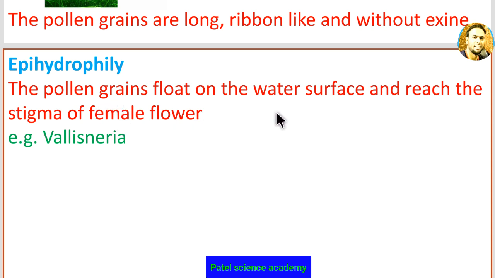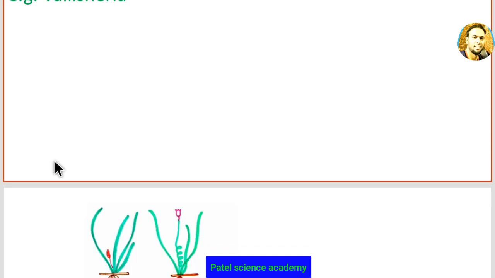If pollen grains are floating over the water surface, there is no need to go below the surface. That's why they follow the process of epihydrophily and reach the female flower stigma. Vallisneria is the example.